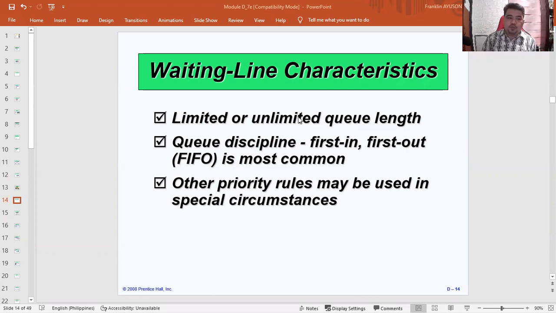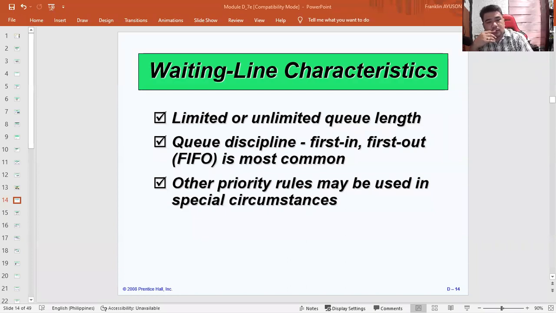Now, in terms of queue discipline, the most common is first in, first out: first in line, first served. So no cutting in line. Whoever came first is served first and leaves first. Other priority rules may be used in special circumstances. For example, when you line up at Mercury Drug, there is a senior citizen line. Even if the line is very long and you're at the end of the queue, if a senior citizen comes in, that is a special circumstance and we let them go first. This is with our culture of valuing senior citizens, who always go first.